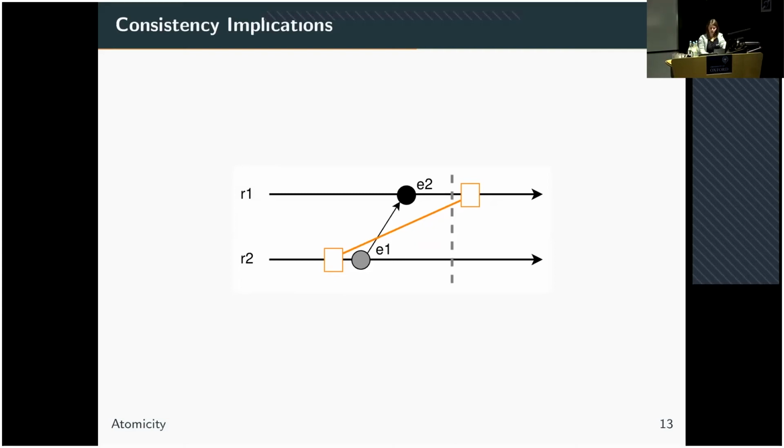For this, we need to think about something that I have mostly ignored so far. Events can be read or write events. And when we think about these implications between the definitions, we also need to first think about which kinds of events we are observing or we want to observe.